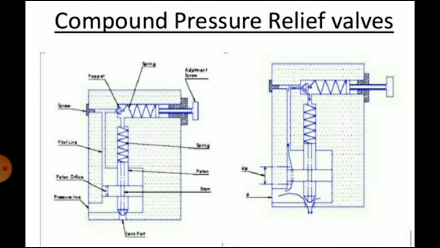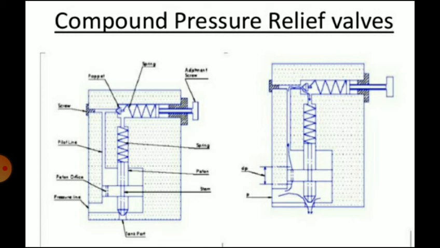So when the pressure in the system exceeds the limit which is set by the spring of the pilot stage, that pilot stage at the top, the cone is lifted allowing smaller flow to drain. So the smaller flow can be drained to the tank.